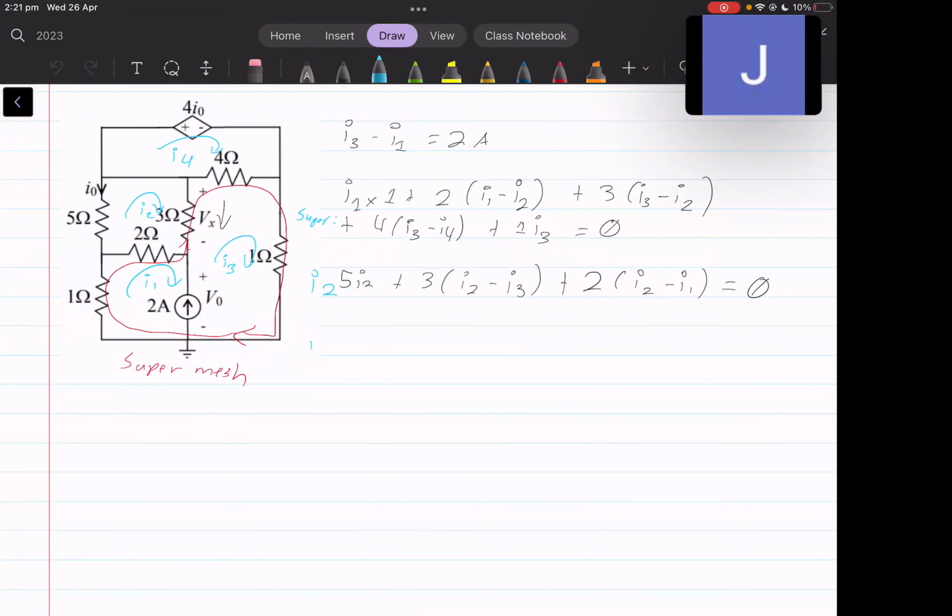And then we would go through I4. So here, what is I0 going to be?